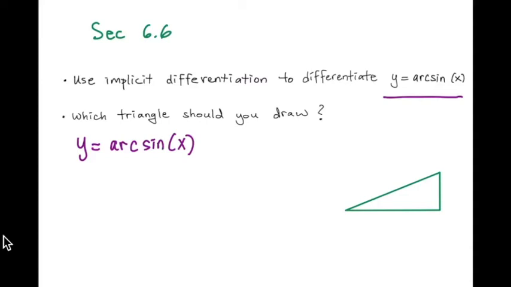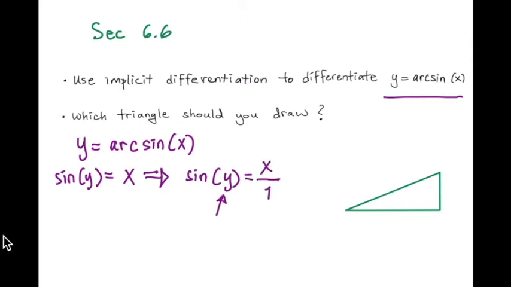I take sine of both sides. So this means sine of an angle y is equal to x over 1. So angle is y, and then x is the opposite side, and 1 is the hypotenuse. So I should have 1 here and x here. And the angle should be y.